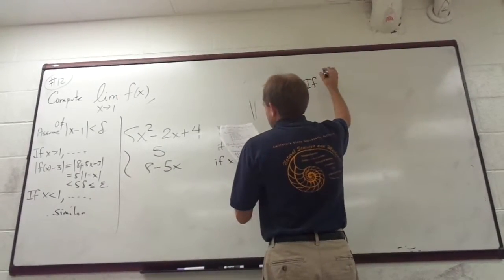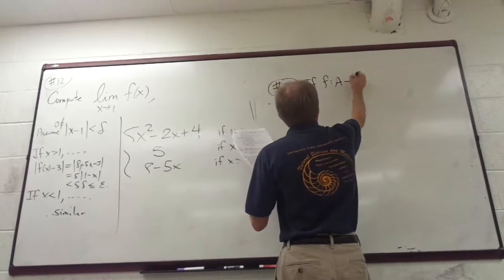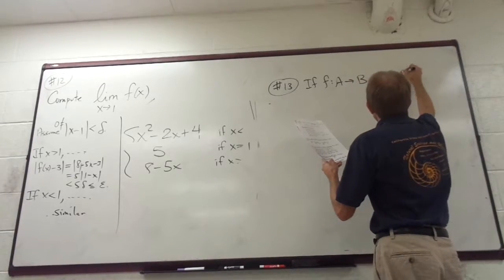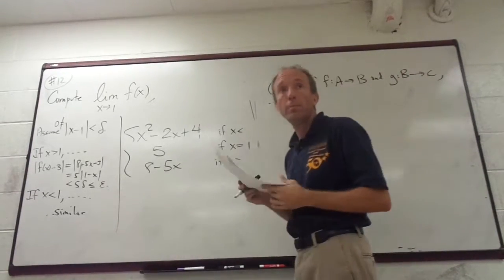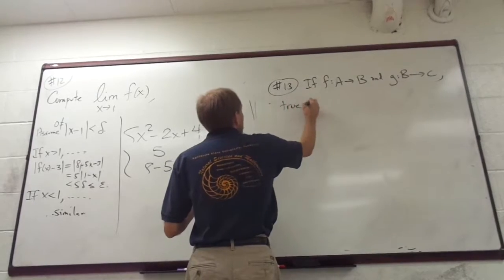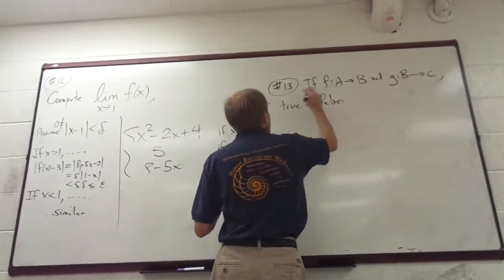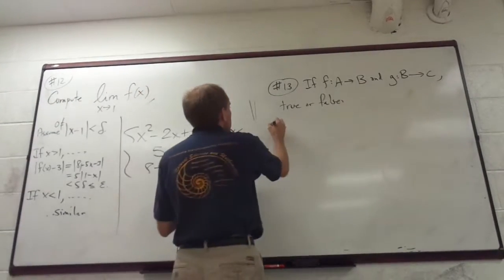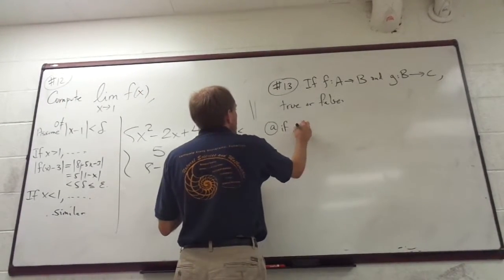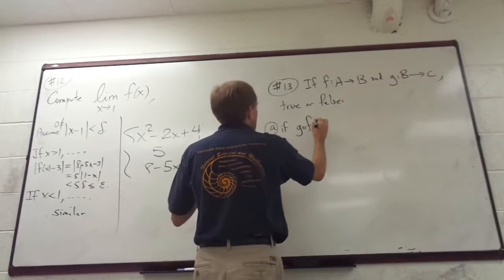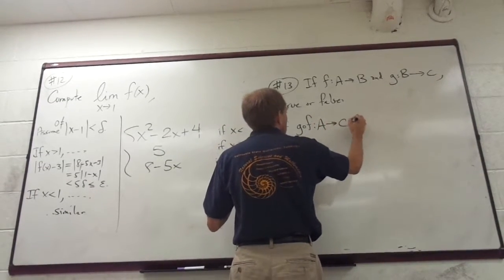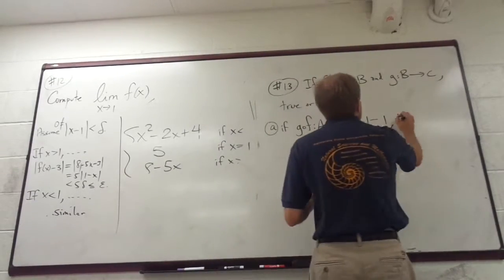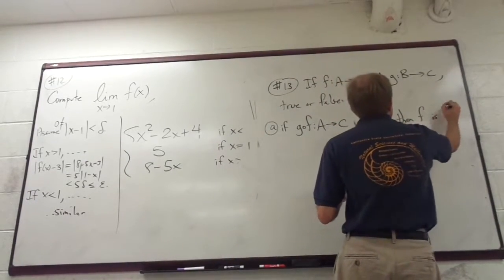If f is a function from A to B, and g is a function from B to C, true or false? I don't do true-false that much on exams anymore, but further review is just fine. The first part: if g composed with f, which goes from A to C, is 1 to 1, then f is 1 to 1.